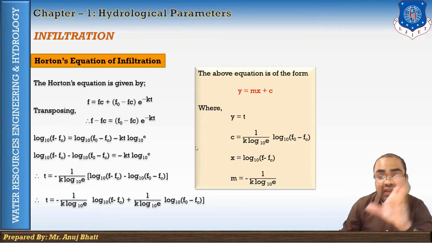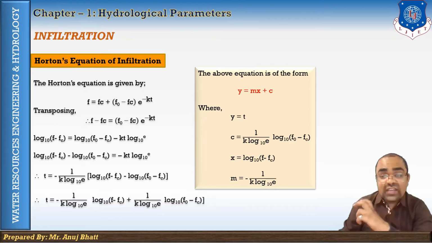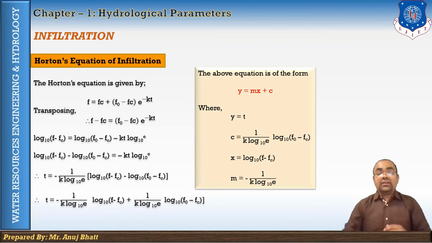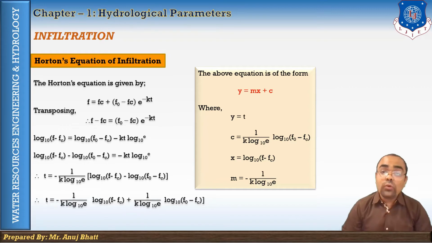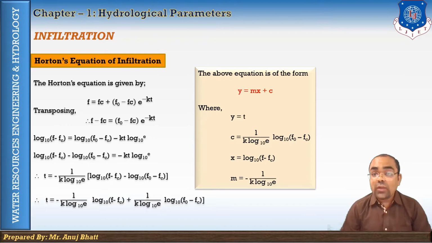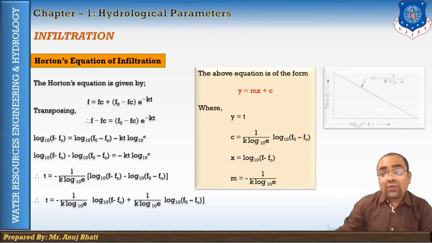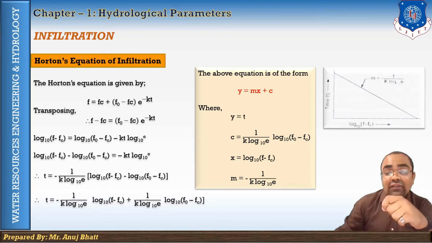The value of x, the variable, is log of F minus Fc base 10, and the value of m, which we generally consider as the slope, is minus 1 upon k log e. To find the value of this slope, we would have a graph, and from this graph we can find the slope.